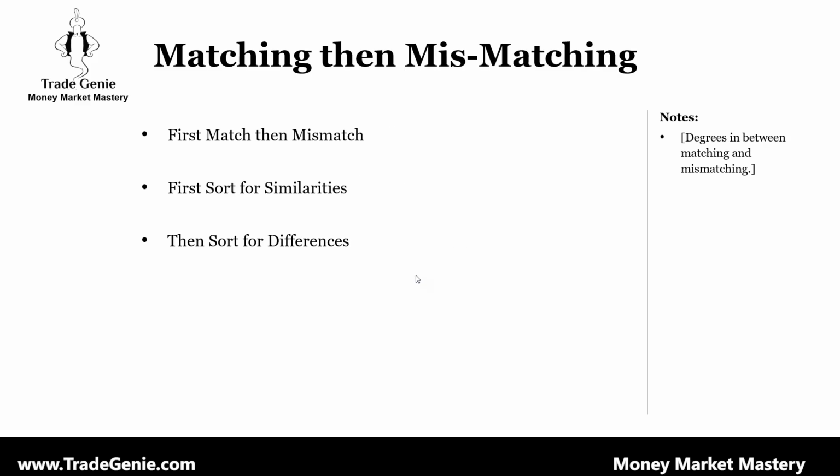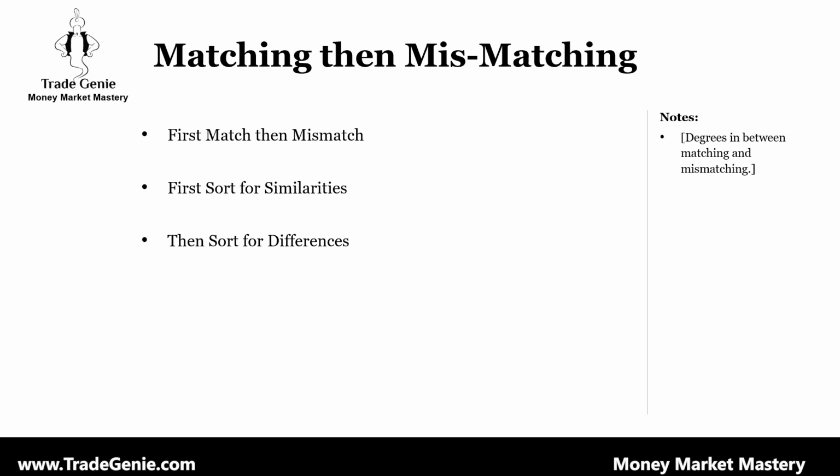There are also people who match and then mismatch. They have a certain way of doing the analysis. They first match and figure out what is matching, and then look for the things which are not matching. Maybe you're evaluating a trade and you say, okay, all these things are lined up, but this is not lining up.